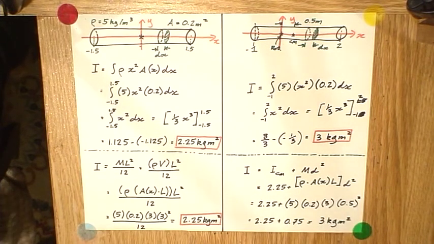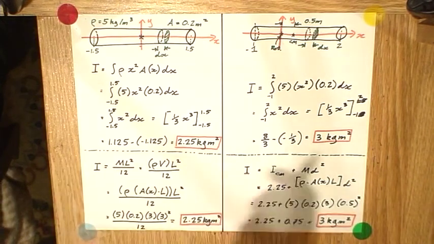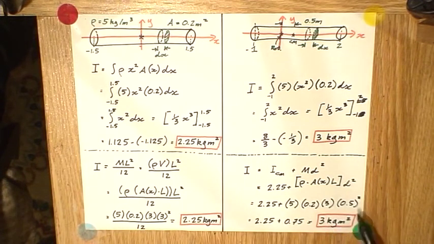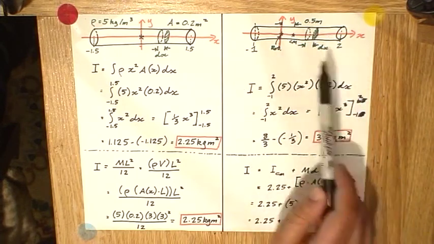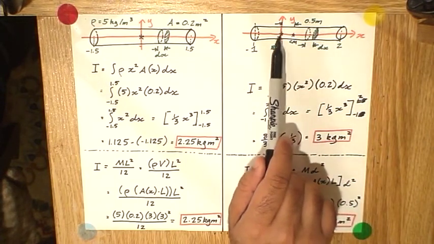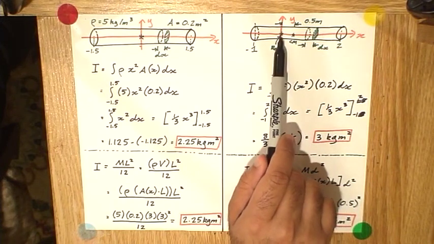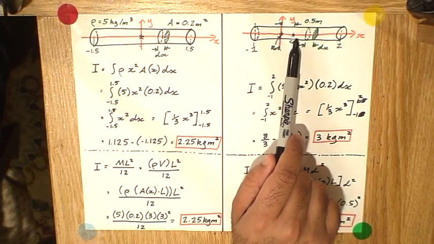Exactly what we got through direct integration. So now we've shown that we get the same result using the parallel axis theorem as we did using direct integration for this condition where the rod was being rotated around a point that was not at the center of mass.